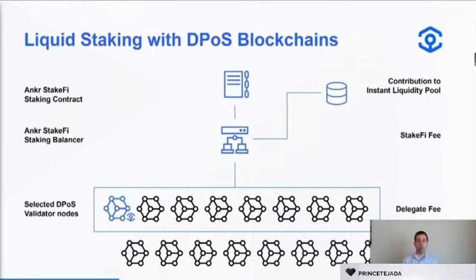And then the concept of instant liquidity pools, it will be something where instead of allocating 100% to the validator nodes, we could allocate 99% to the validator nodes, 1% to the instant liquidity pool. That allows users to swap at fair value their liquid staking tokens immediately instead of waiting for the unbundling period.